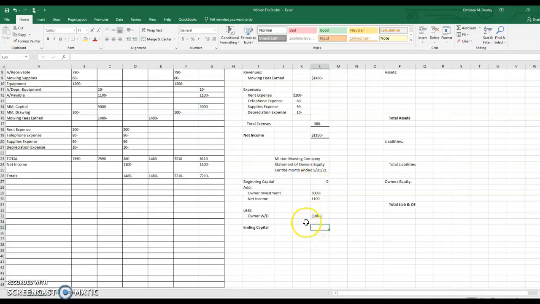Now, to get the ending capital, we start with the beginning. We add the two things that we're supposed to add, the 5,000 and the 1,100, and we subtract the thing that we're supposed to subtract, which is the owner withdrawals. And so we have 6,100 we're adding, and 100 we're subtracting, and so that's going to be 6,000, our ending capital. Now here I need to put a dollar sign.